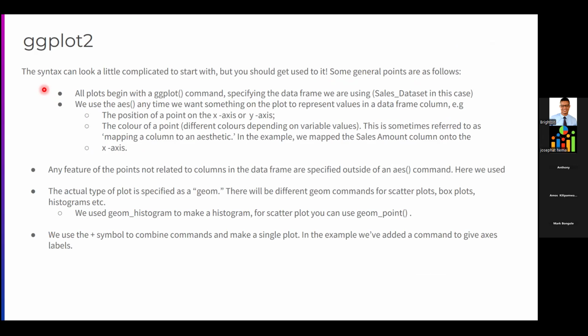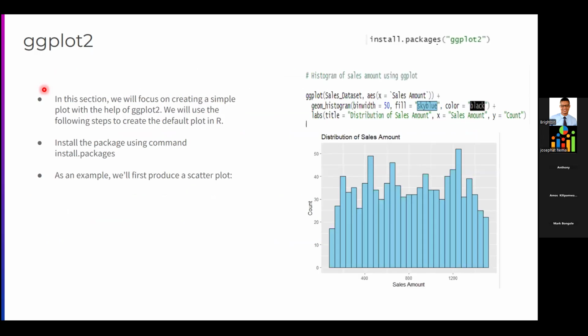And the good thing here is that if you write your first code in ggplot and plot the R visual, next time, let me just go back. If you have this skeleton, next time you want to plot the same histogram for a different data set, you don't need to write the code again.